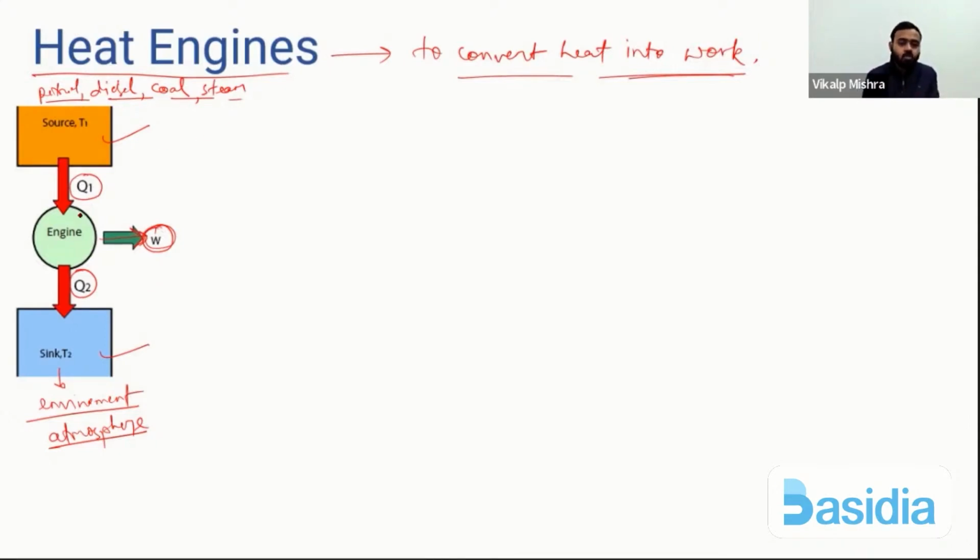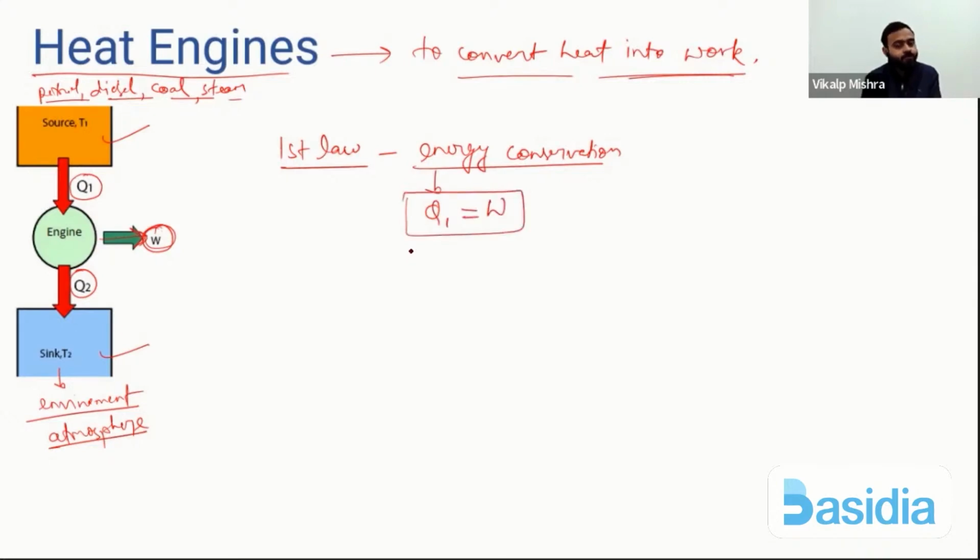I hope all of you understood how heat engine works. So by first law, we can say first law says energy conservation. According to first law, all the heat supplied can convert into work.